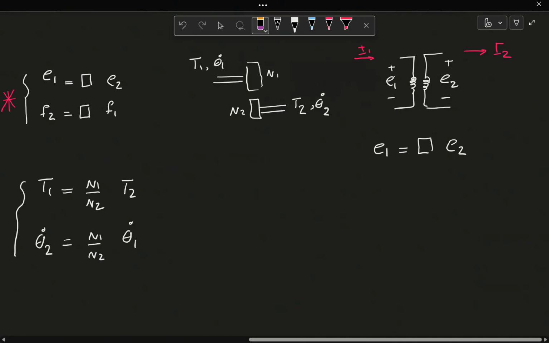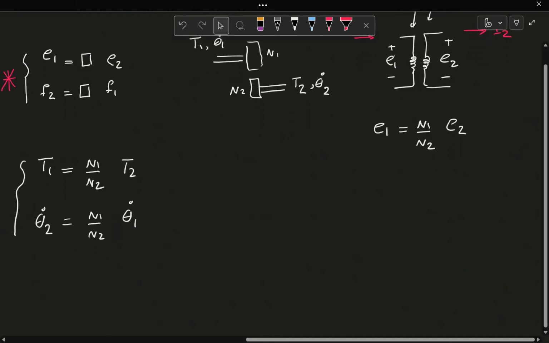It turns out that constant number would again be N1 over N2, which is the number of windings on the first coil over the number of windings on the second coil. Similarly, we have a very similar concept with the flows. The flow on the second side, which is I2, equals the same constant number times I1, the flow on the first side.